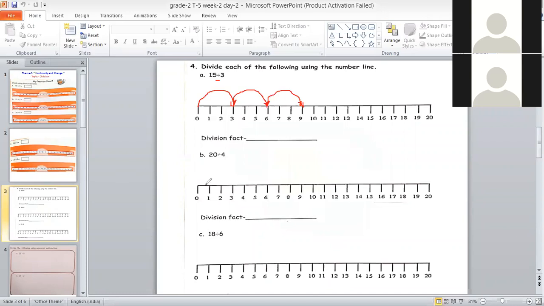Shreyan, you tell me after 9, what will be the next number? 12, ma'am. Very good. The next number will be 12. That's correct. Shrivas, after 12, what will be the next number?